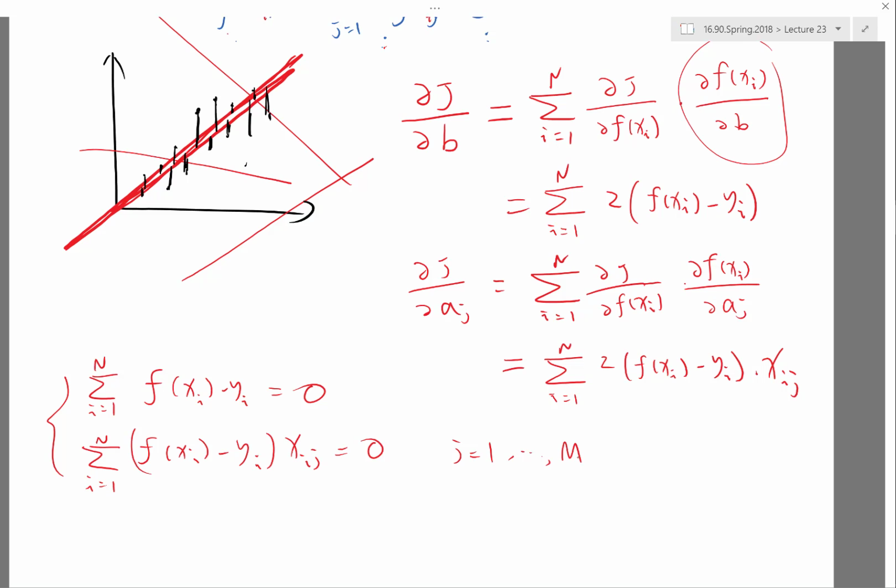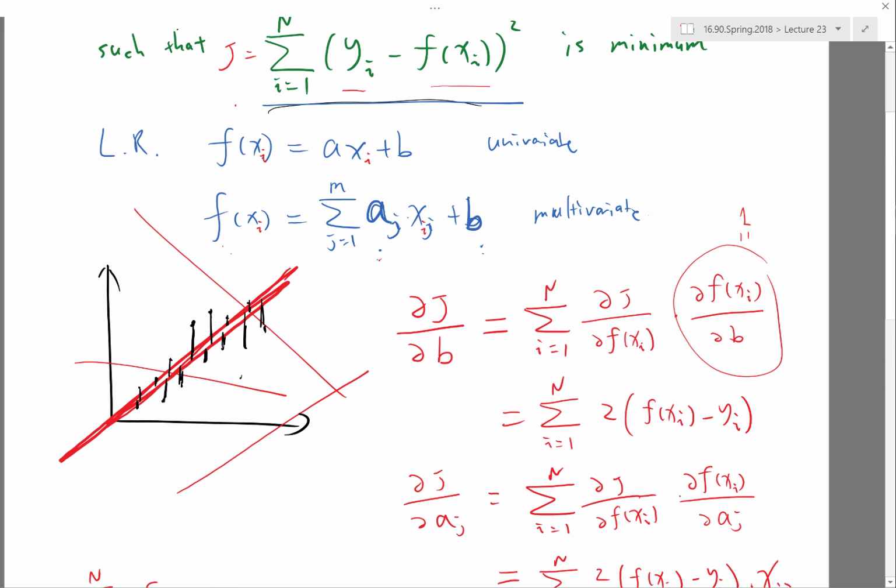And I solve it. So solving this, yes, question? Why are we not considering that you also have different... Why are we saying a_j? That's because b is the constant term. So we are considering an m-dimensional linear function. First consider an m-dimensional constant function.